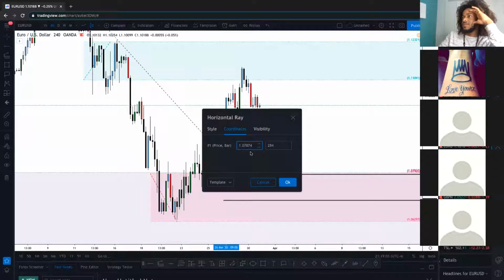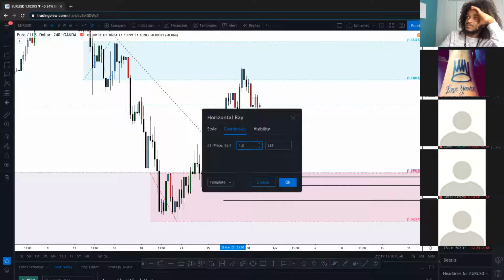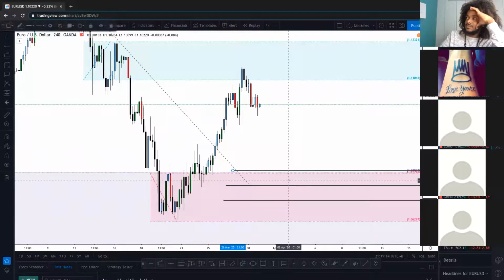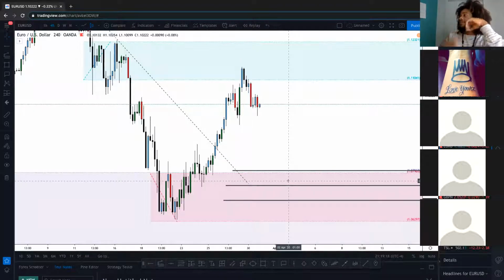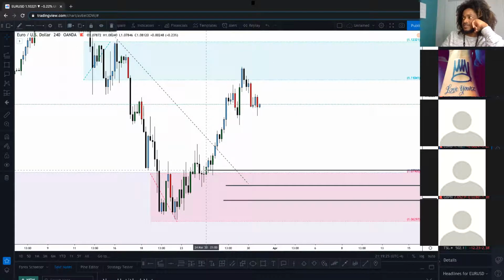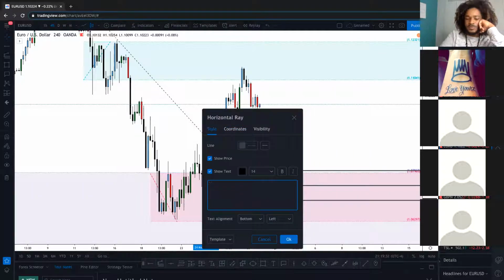I'll just see which one aligns. 1.0750. 1.08. All right, so we have a nice little quarterly level at our entry, right? We can just leave that right here. $1.08.